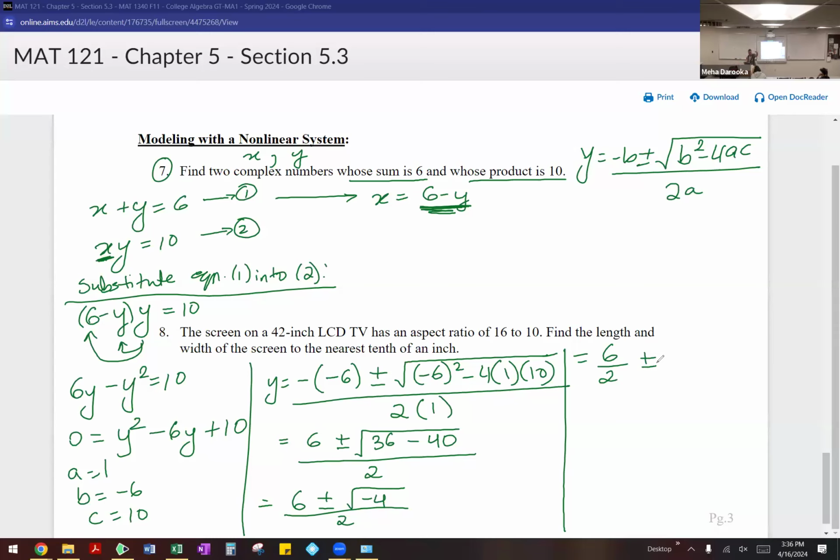How do we simplify that, guys? Does anybody remember how we define the imaginary number i? Square root of -4. Say that again?